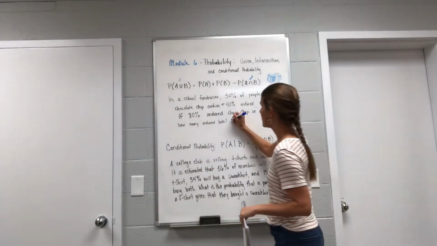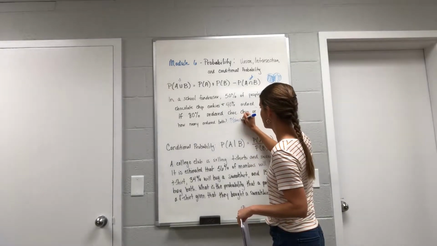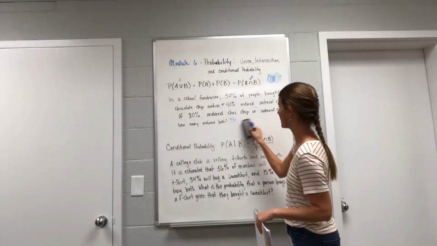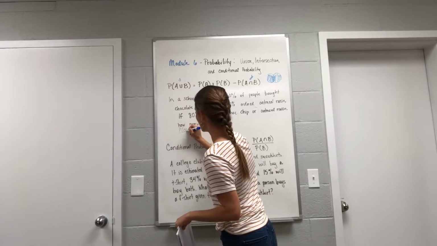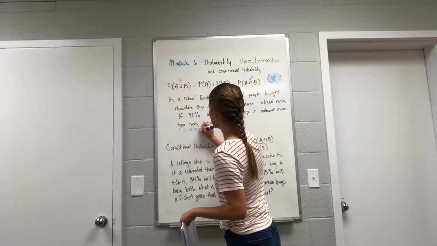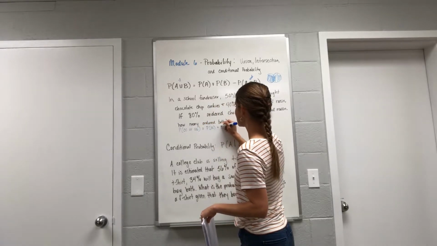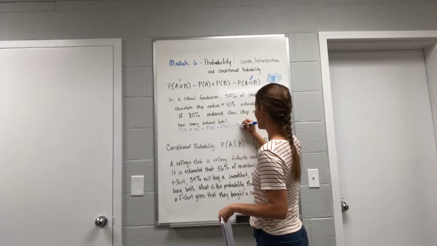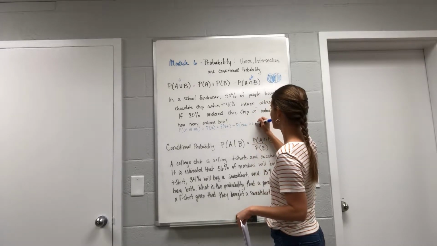So we're going to set up this equation. I'm not going to have enough room, so I'm going to abbreviate a little bit more. The probability of chocolate chip or oatmeal raisin equals the probability of chocolate chip plus the probability of oatmeal raisin minus the overlap, that it's chocolate chip and oatmeal raisin.